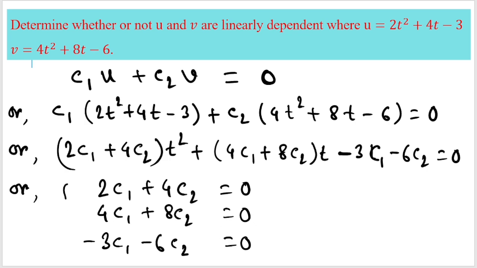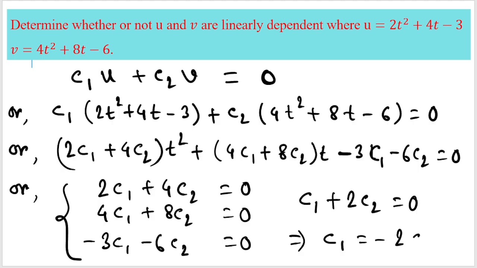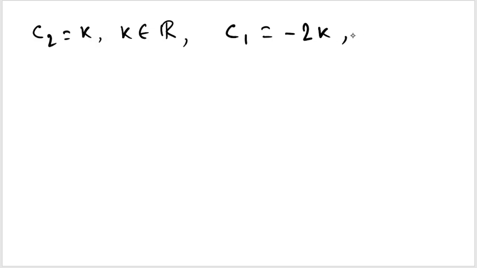Now we can see that this system of homogeneous equations is nothing but one equation. So the second and third equations are redundant, and we are getting basically one equation, which is this one. So putting C2 equal to some variable k, where k is a real number, we get the solution C1 as minus 2k.